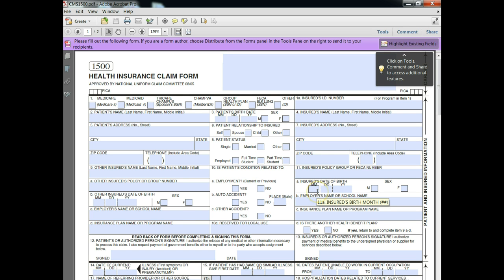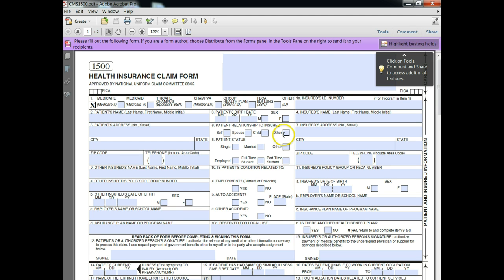Besides the CMS 1500, you're going to need Isabel Durand's ledger card. Using her ledger card, we're going to see that her insurance is Medicare. So we're going to mark the Medicare block 1.